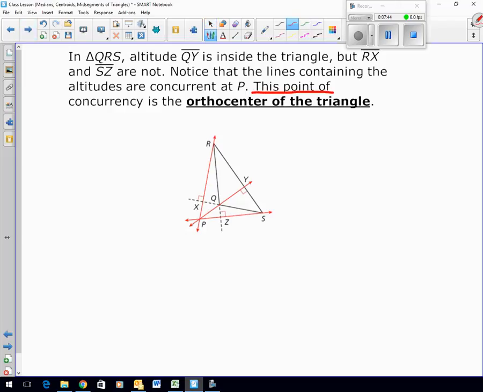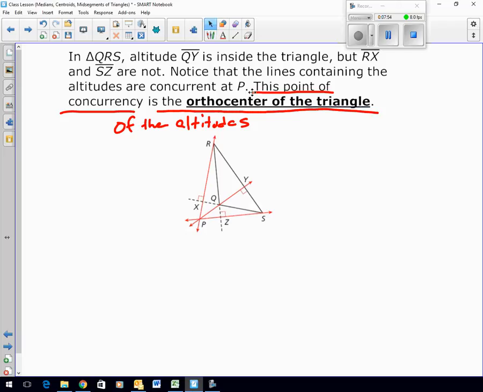The point of concurrency of the altitudes is the orthocenter of the triangle. Okay, the point of concurrency of the altitudes is called the orthocenter of the triangle. In case you ever asked, we did the definition of an orthocenter.